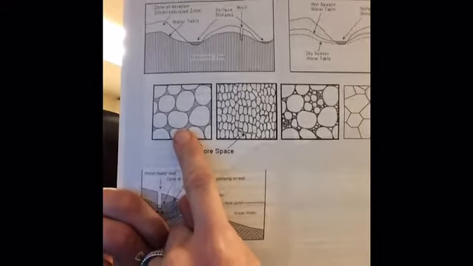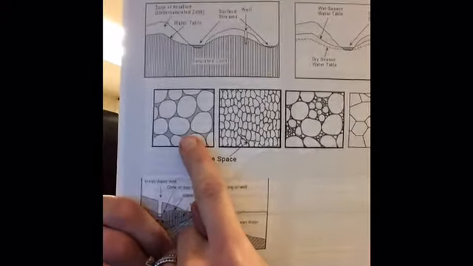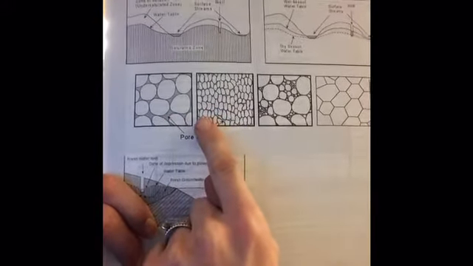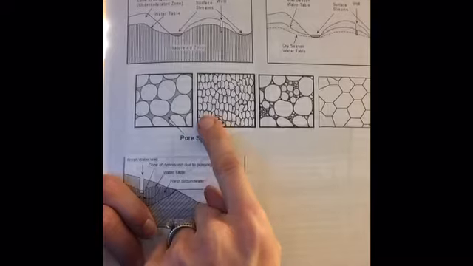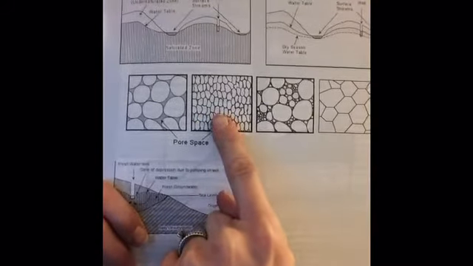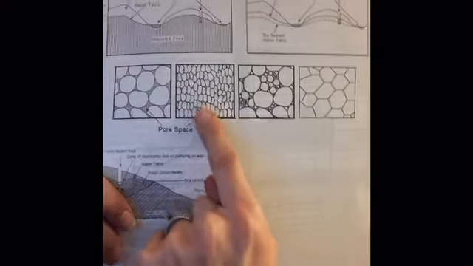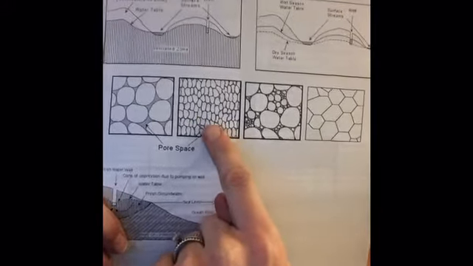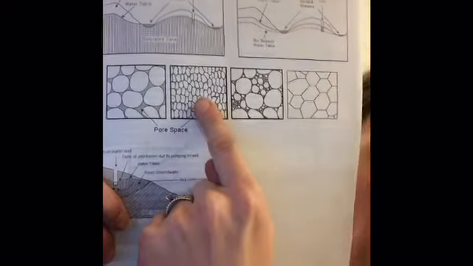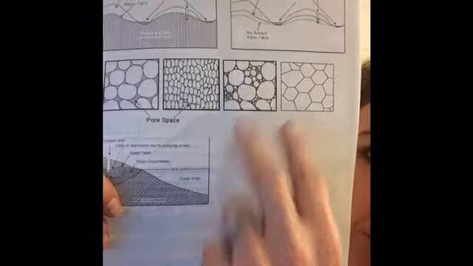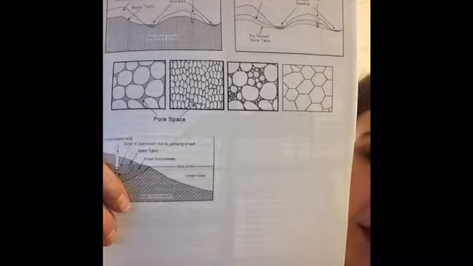It has large gaps in between the rocks, so it therefore has a high porosity. Take a look here and note that the gaps between the rocks are smaller. Not necessarily that the size of the rocks are smaller, but the gaps between are smaller, so it has a low porosity. I want you to figure out these two for yourself. All right, that's an assignment.